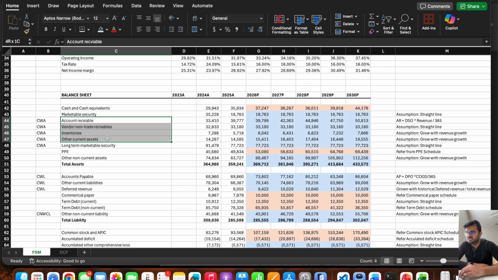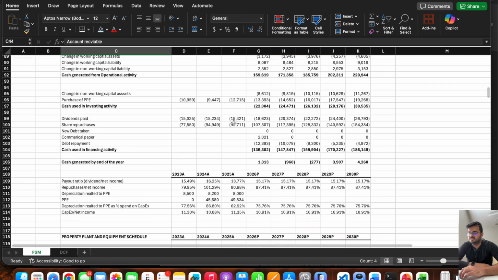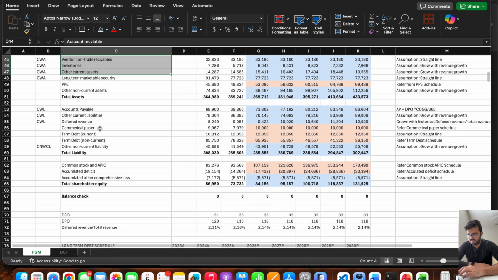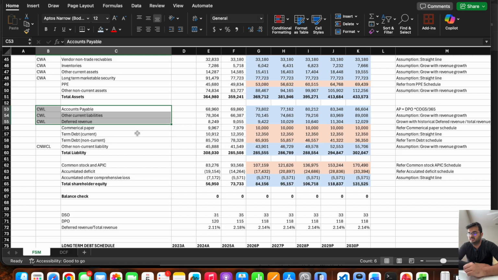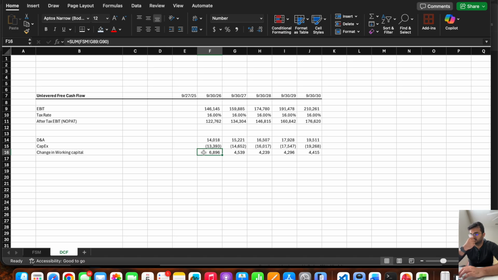So the summation of all these four will give me the working capital asset, and the difference is nothing but the difference between the previous year and current year. That's how I got the change in working capital asset. Similarly, for the working capital liabilities, these three, which I just marked as CWL, are considered as change in working capital liability. So that is how I got those two numbers. The summation of working capital assets and liability will give me the change in working capital.